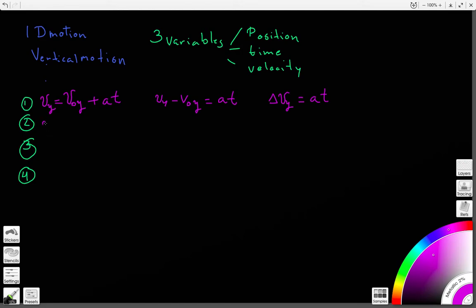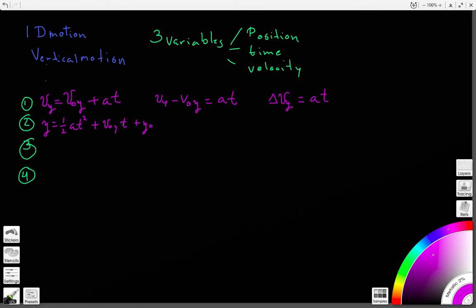My second equation relates position to velocity and acceleration. I believe we already saw this one, but let me write it again. y is equal to 1/2 times my acceleration times my time squared, plus V0y times time, plus my original position, y0.